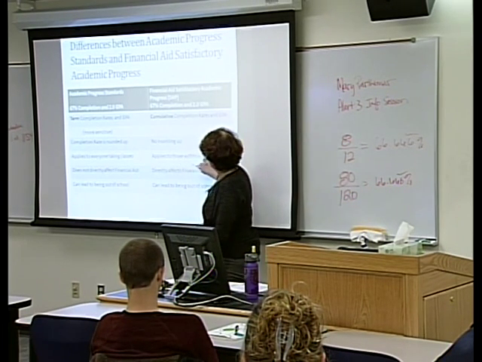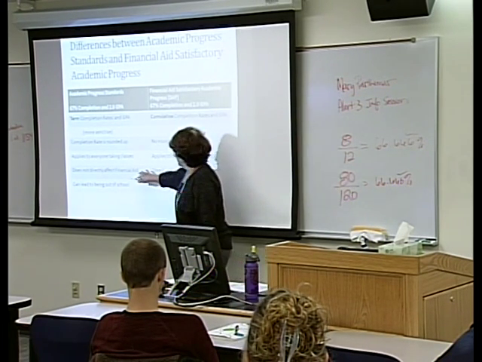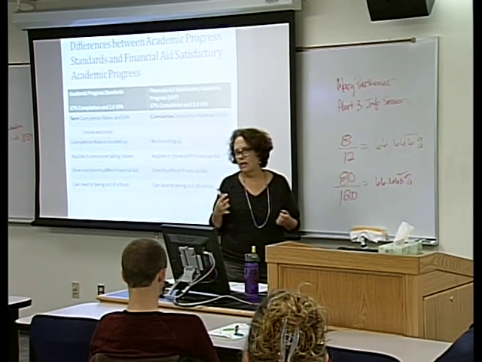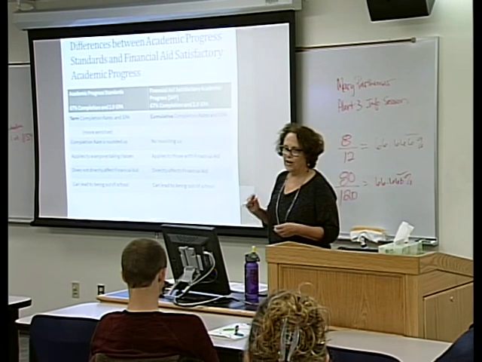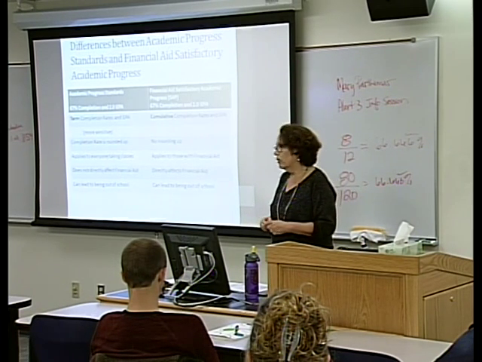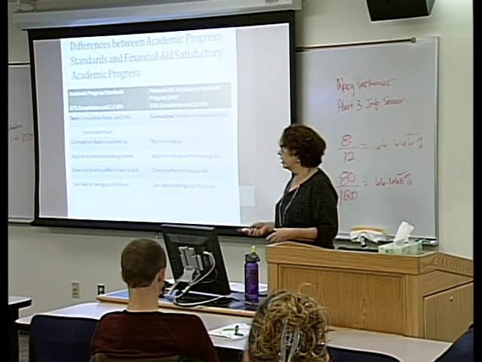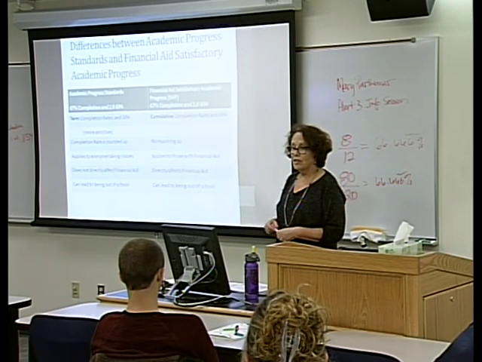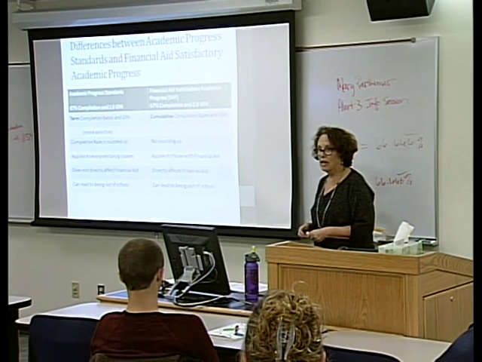Applies to everyone, applies to those with financial aid. The academic progress standards do not directly affect financial aid. So if you hit Alert 3 or Alert 4, that in itself is not going to affect your financial aid.